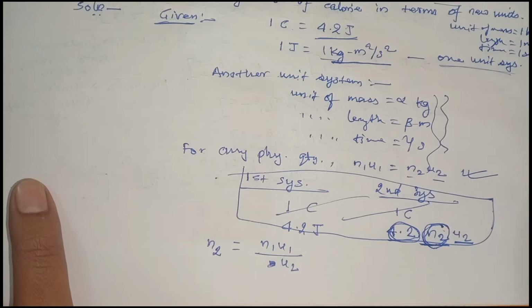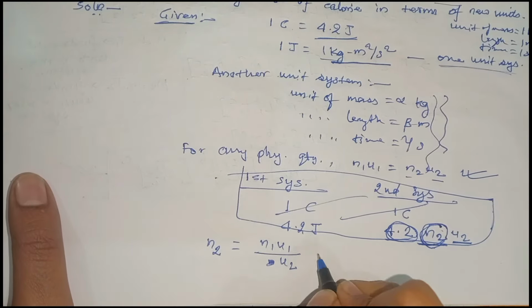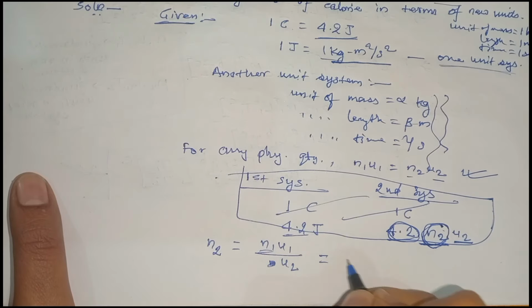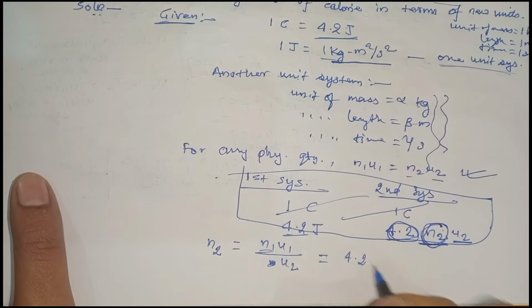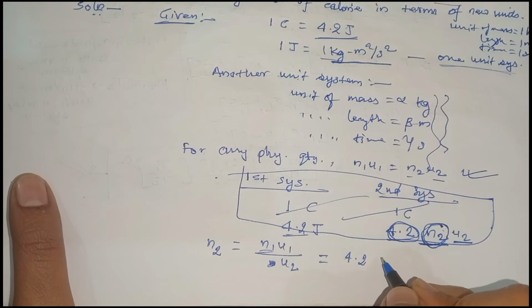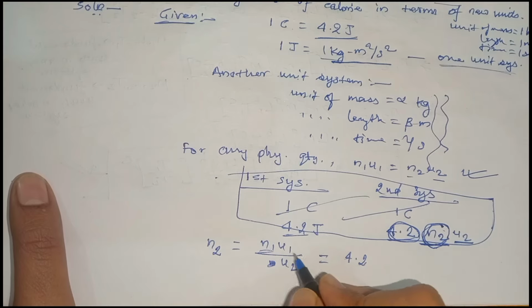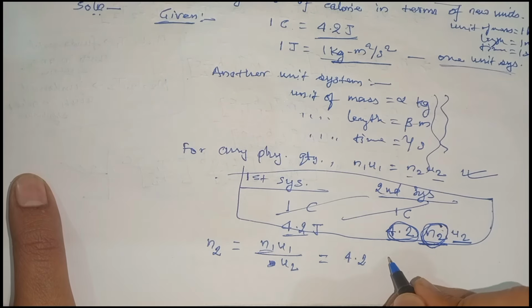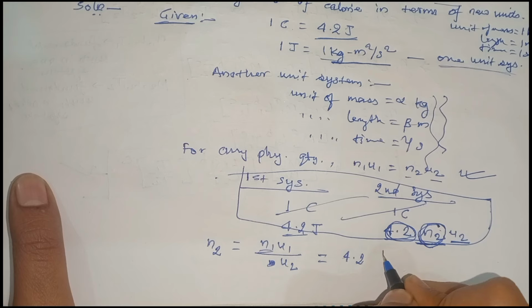This will be the formula, and we have to simply put all the values here. The value of N1 is what? This 4.2, and U1 means unit 1. Unit 1 is already 1 kg.